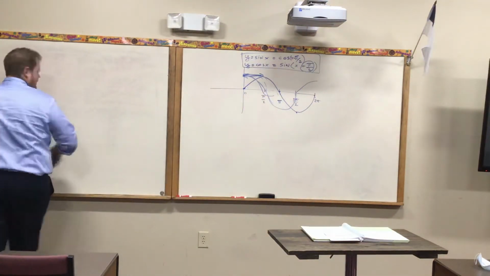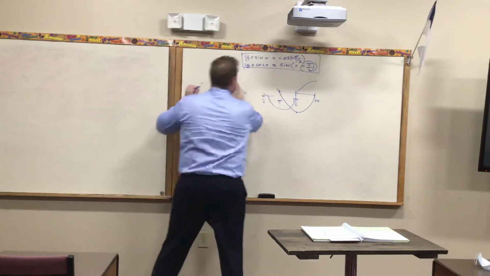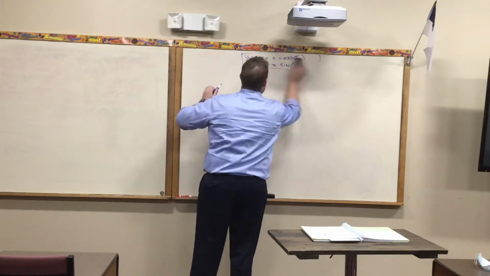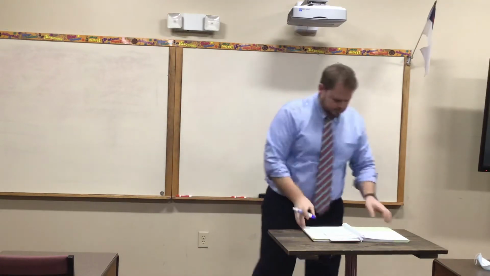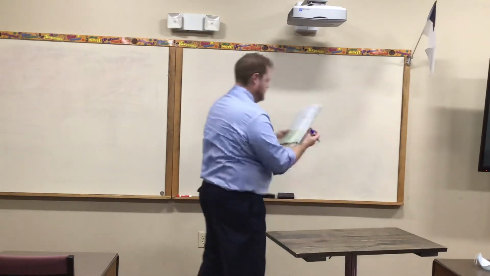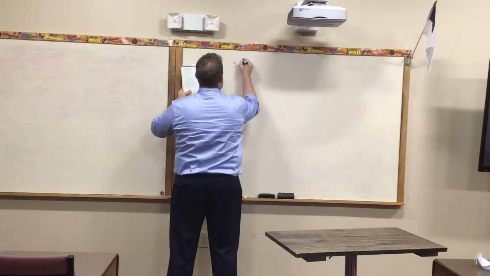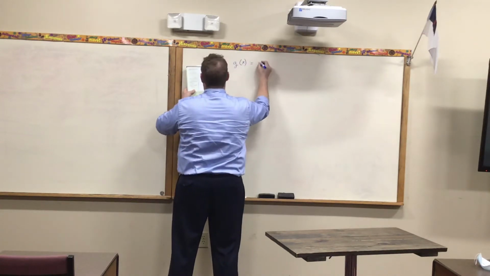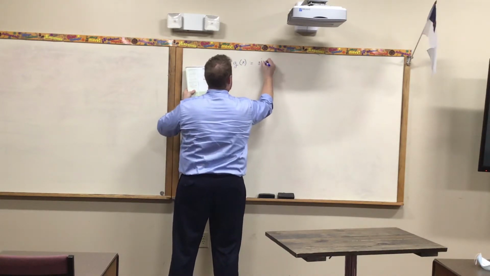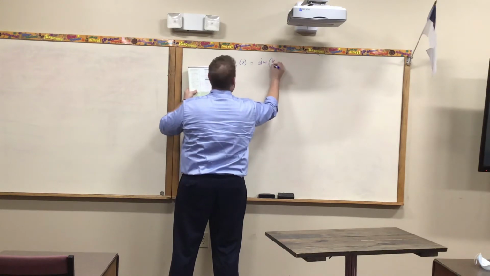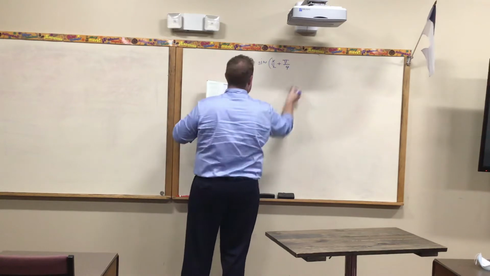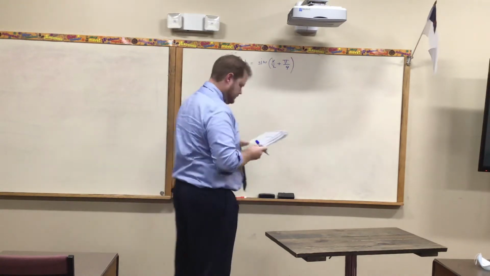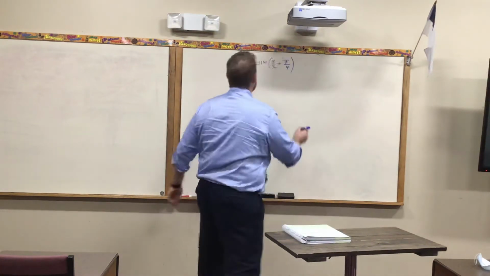Now let's talk about an actual problem, okay? So here we go. g of x equals sine of x plus pi over 4, plus 2.